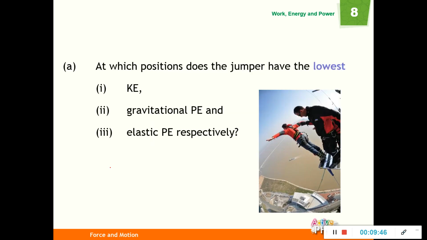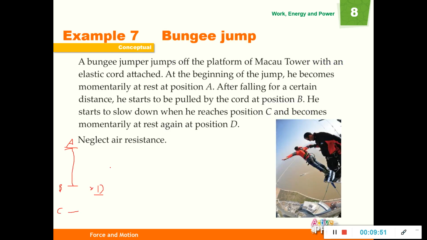Next, GPE. GPE will be the lowest. It means the lowest position. The lowest position of it should be D. Okay, so the D should be here.